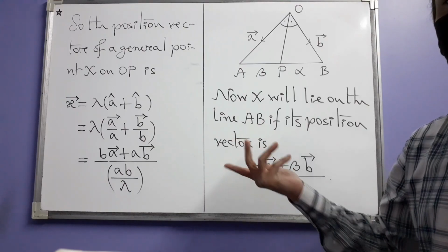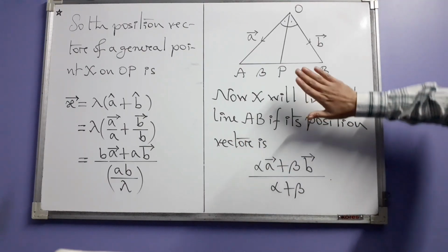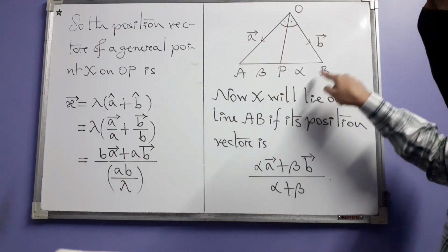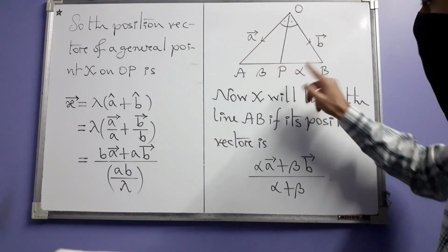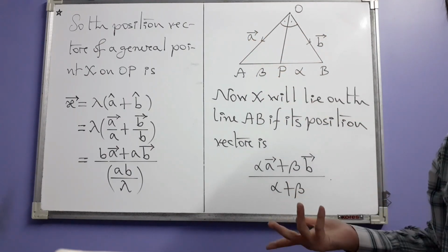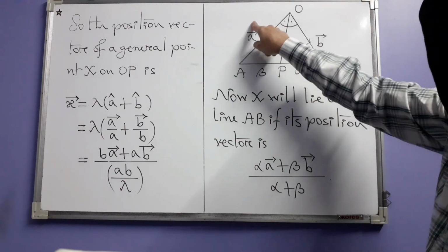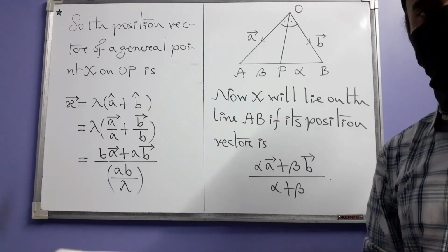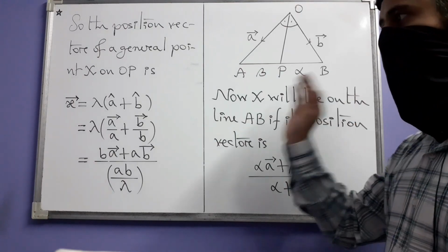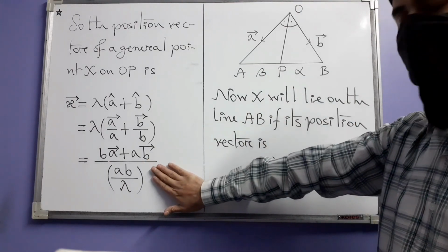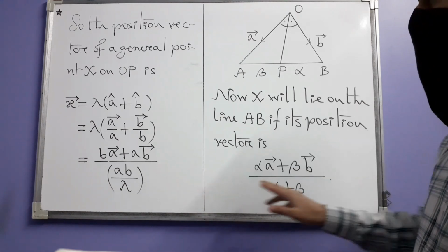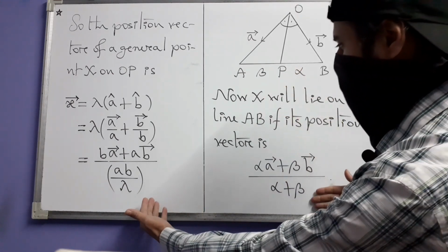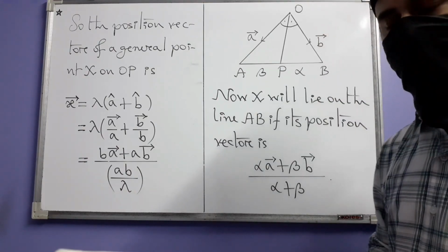So the position vector of P relative to O in terms of A, B, alpha, beta is this by the section formula: alpha times A plus beta times B divided by alpha plus beta. But X already has its own position vector, which is this. So if we want X to coincide with P, these two vectors should be equal.